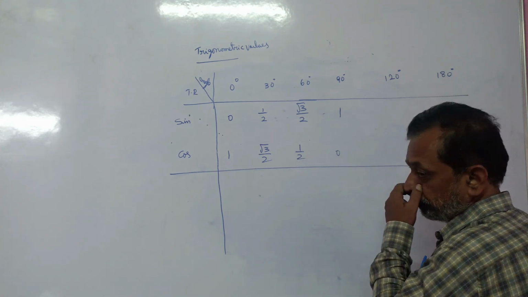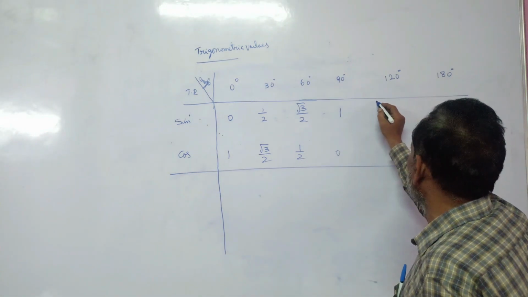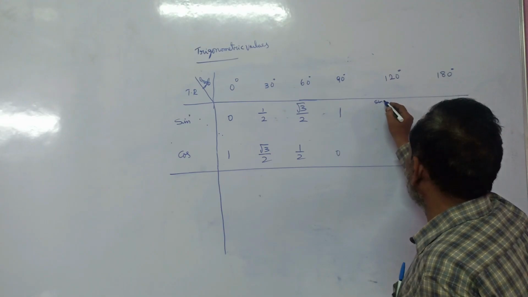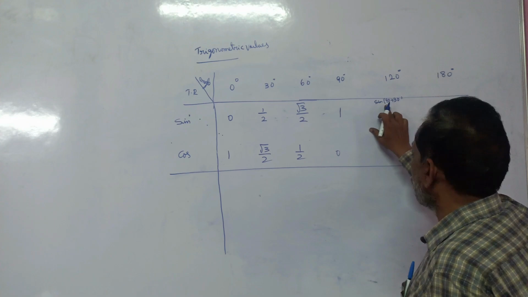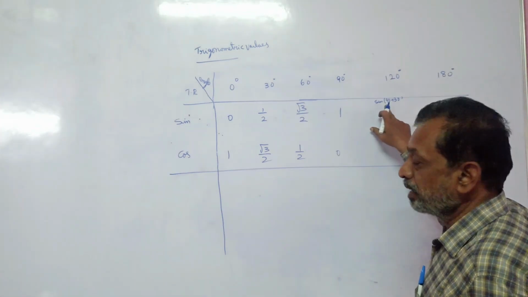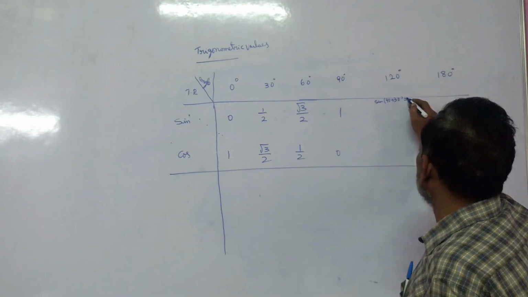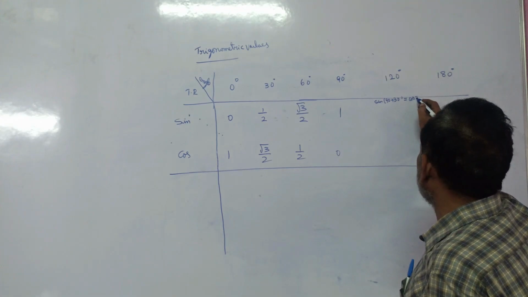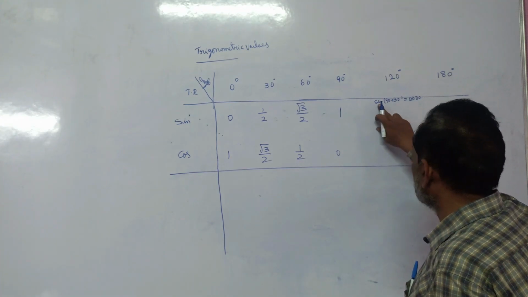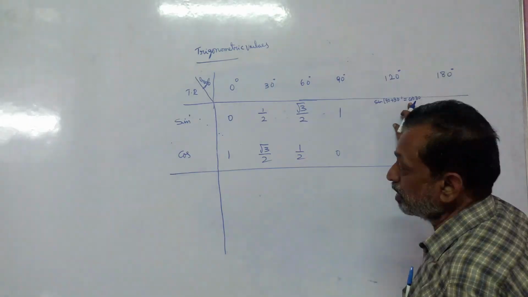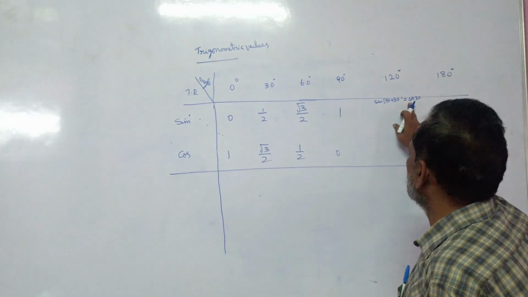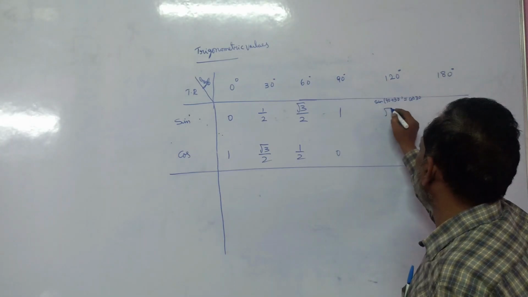Now sin 120 means sin of 90 plus 30. Since 90 is an odd multiple, sin becomes cos, which is cos 30. Sin in the second quadrant is positive. Cos 30 is root 3 by 2, so sin 120 is root 3 by 2.